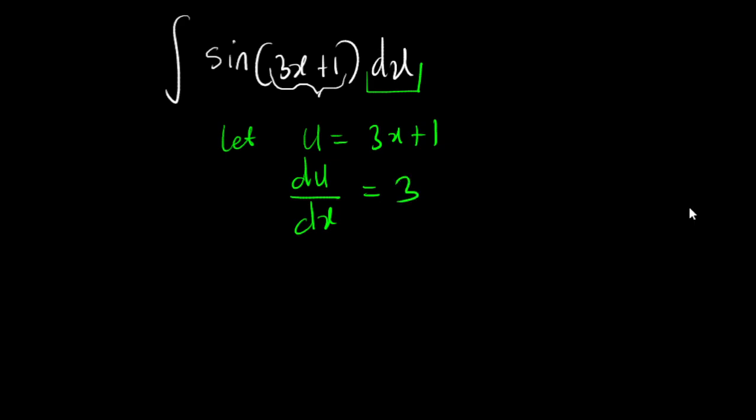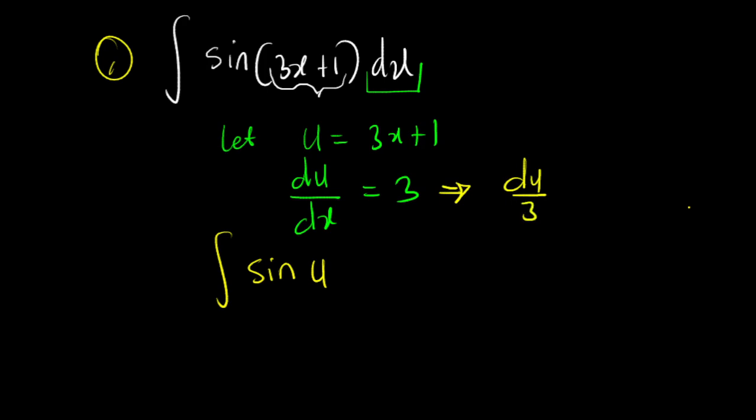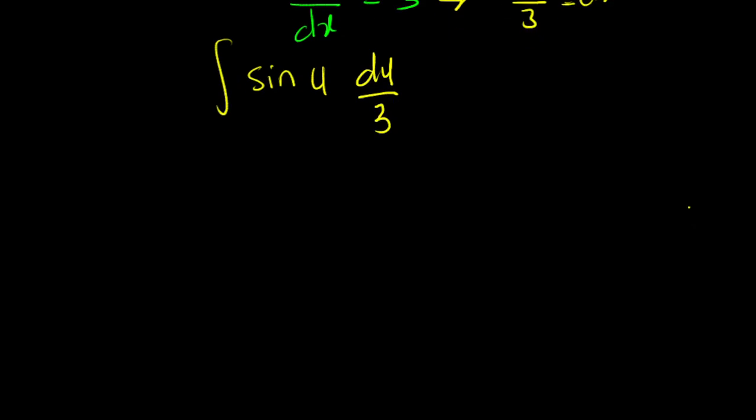So let me now rewrite my question: instead of writing 3x plus 1, I will write u. Instead of dx, if you make dx the subject of the formula, du over 3 is equal to dx. So this dx is now du over 3. With that, I can now integrate it.